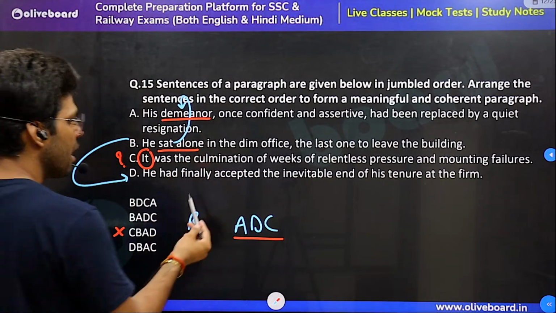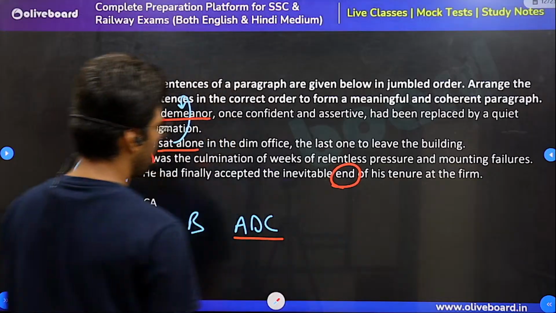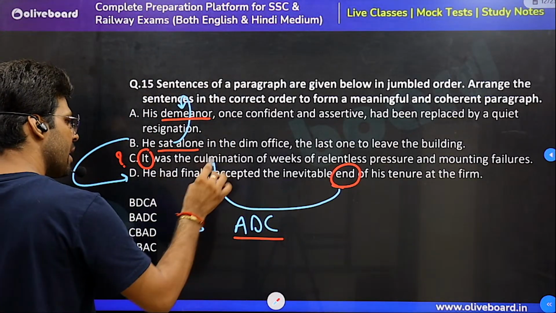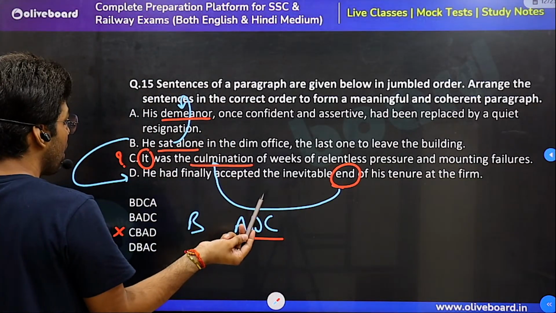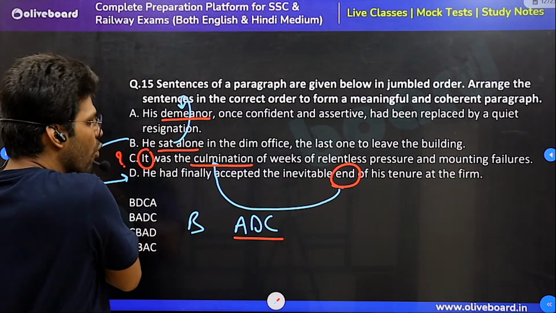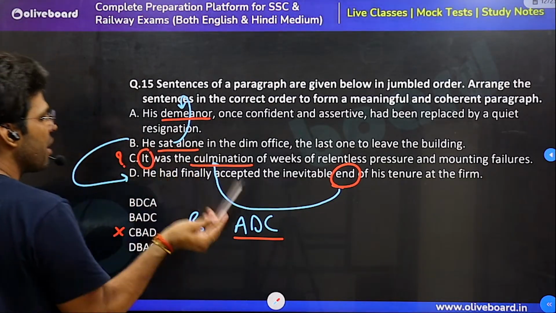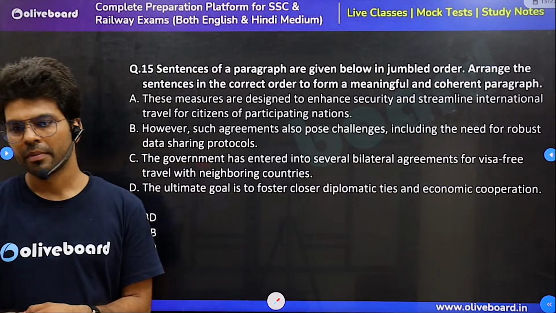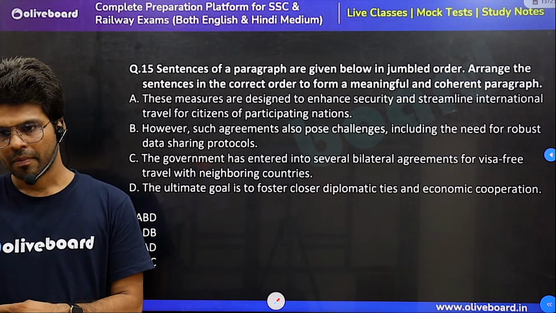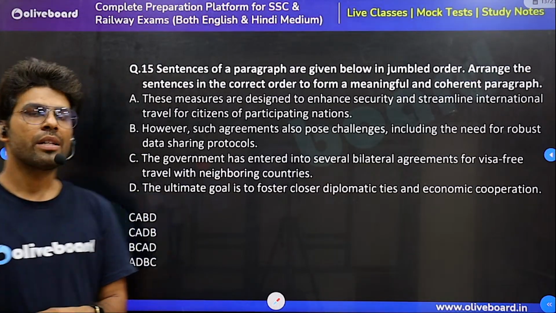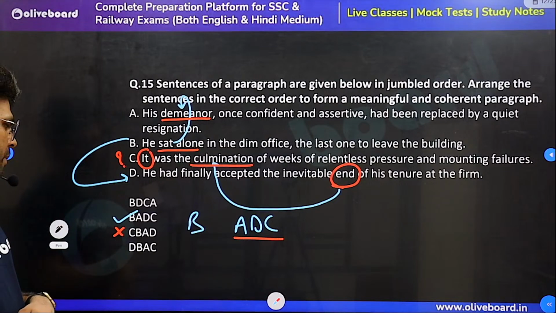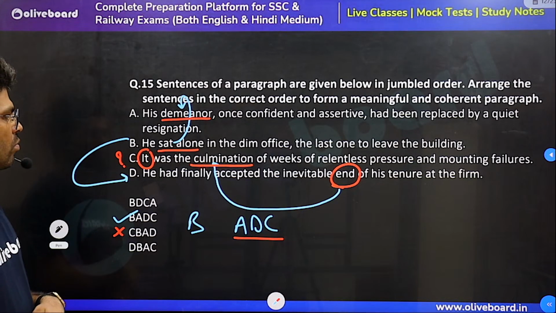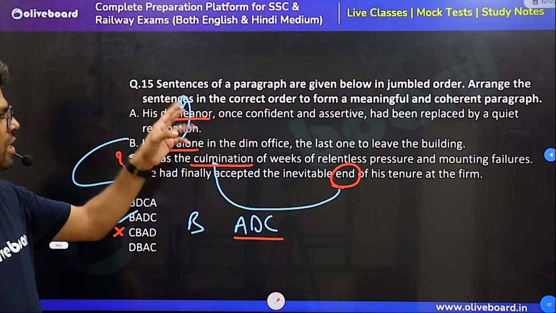And since you say he accepted the end, may I say that's the culmination. It also defines the end of his tenure, of weeks of relentless pressure and mounting failures. Great. C describes A pretty well, but it says confident and assertive ones.